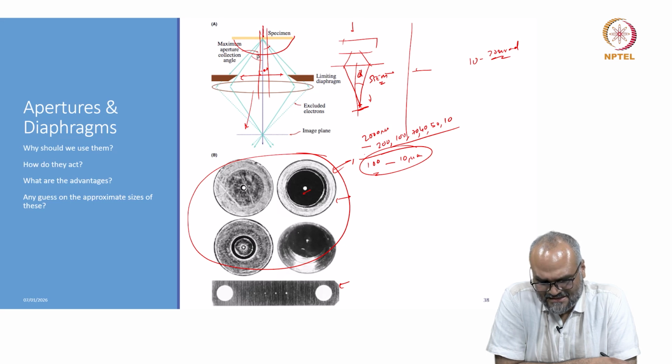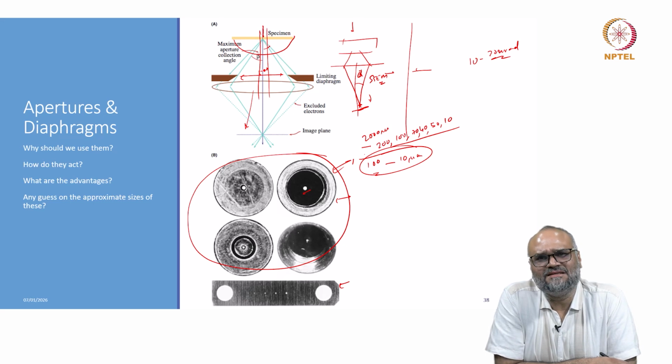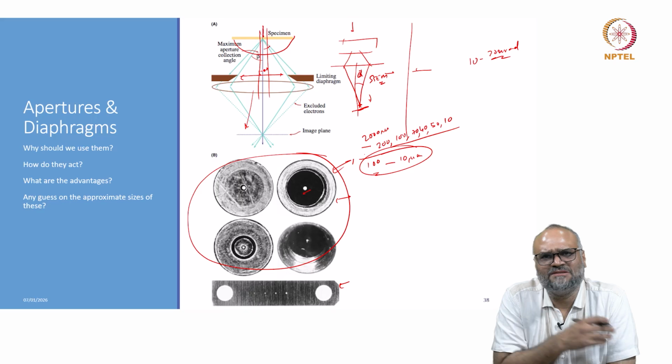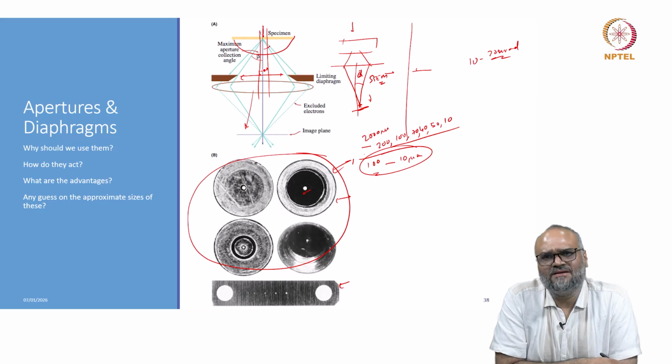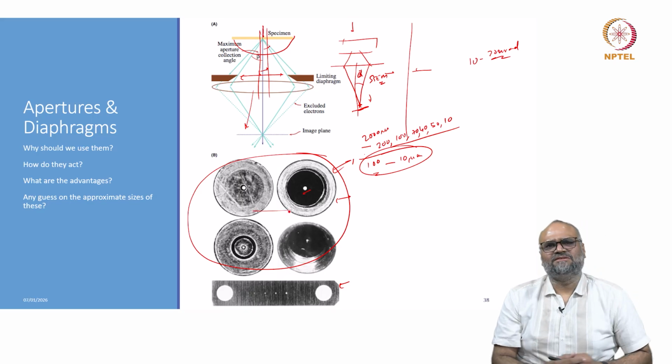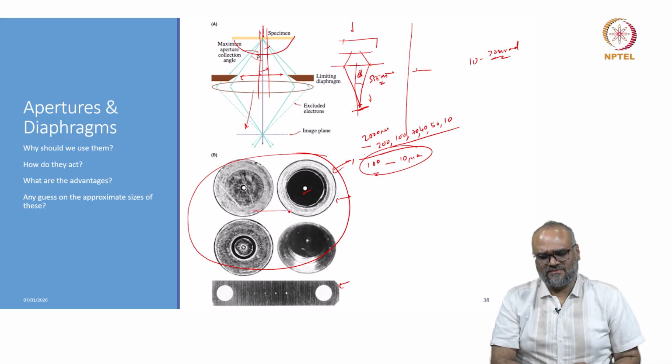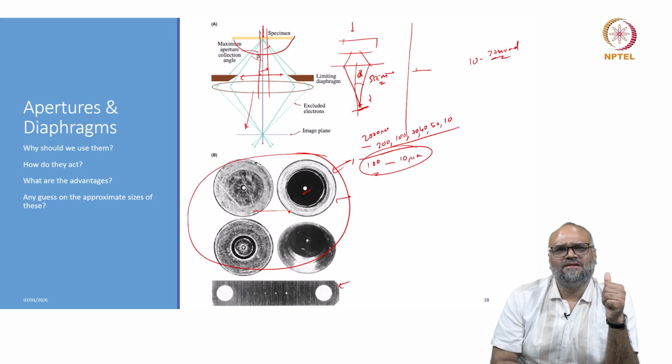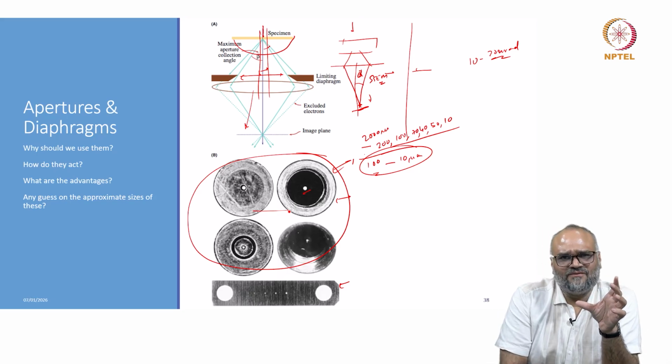And this is precisely the reason why I was mentioning that it is very easy to misplace this. When we look at different modes of imaging, when we start seeing demonstration of various modes such as diffraction or in STEM, we will see the use of these apertures. So for now, the main takeaway is aperture is actually a small hole which is placed in a diaphragm.